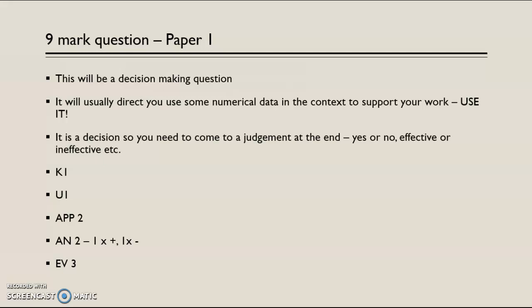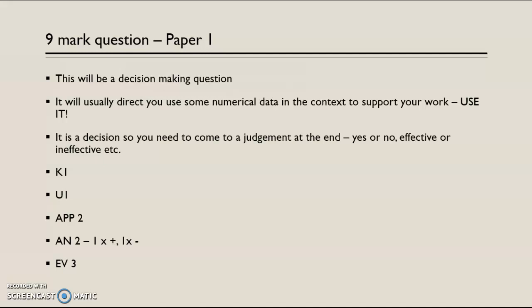You're going to have to make a decision on behalf of that business based on something. It will usually direct you to use some numerical data to support your work. Make sure you use it. That's where your application marks are coming from. If you do not use the data, you do not get any application marks, and that's 2 out of the 9 gone.